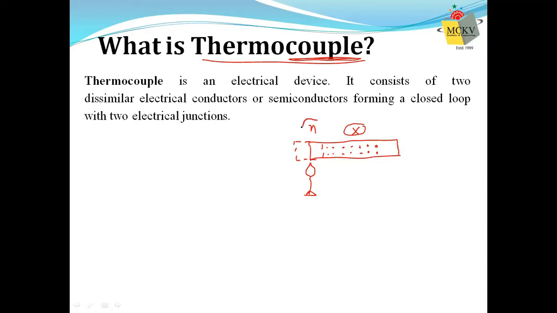So because I have heated this side, I have increased the volume. So what will happen to the number density of the electrons? The electrons will be there, but there will be less number of electrons per unit volume because the volume has increased. So here the density of the electrons will reduce.